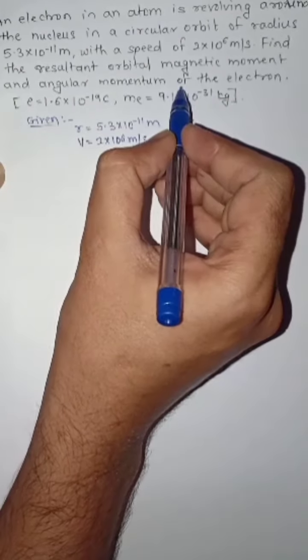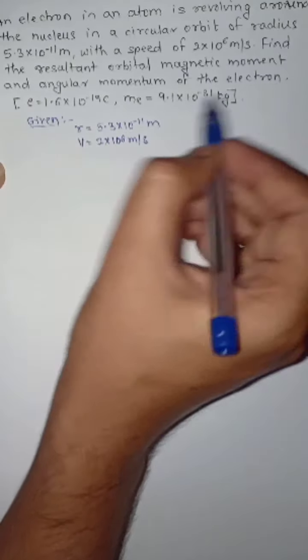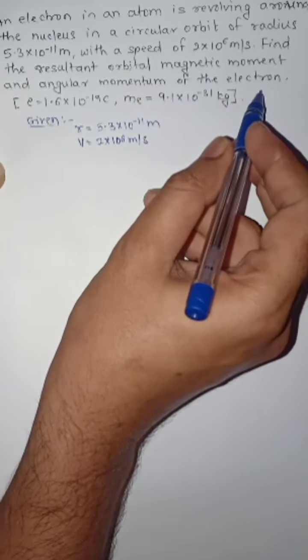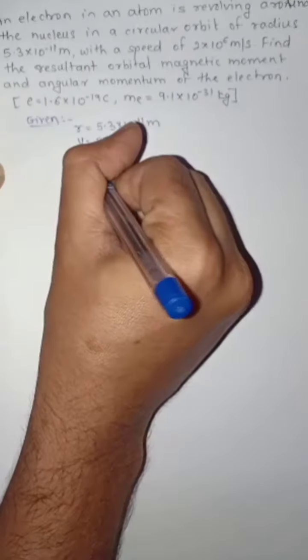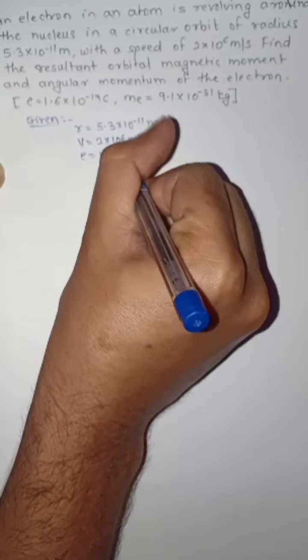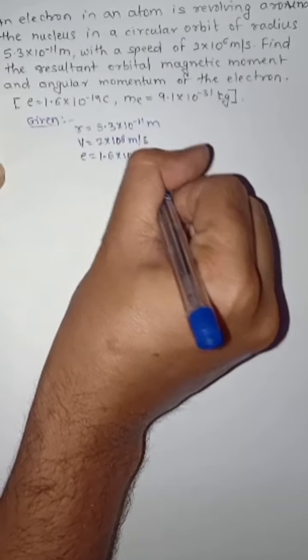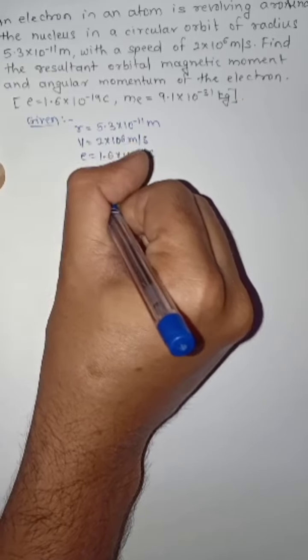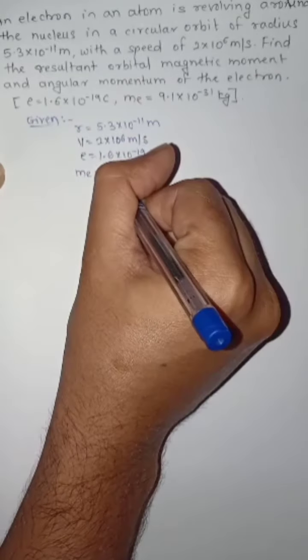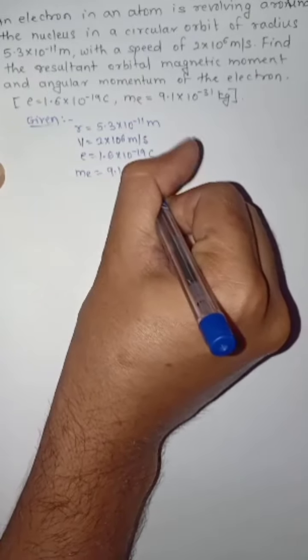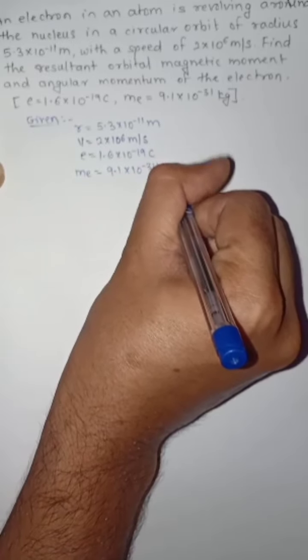Find the resultant orbital magnetic moment and angular momentum of electron. Here e is equal to 1.6 into 10 raised to minus 19 coulomb, and me is nothing but mass of electron, is equal to 9.1 into 10 raised to minus 31 kg.